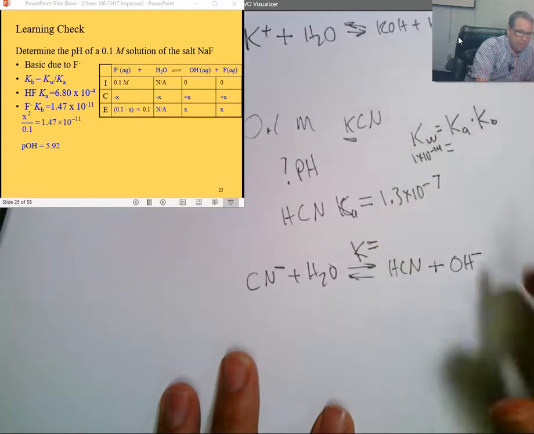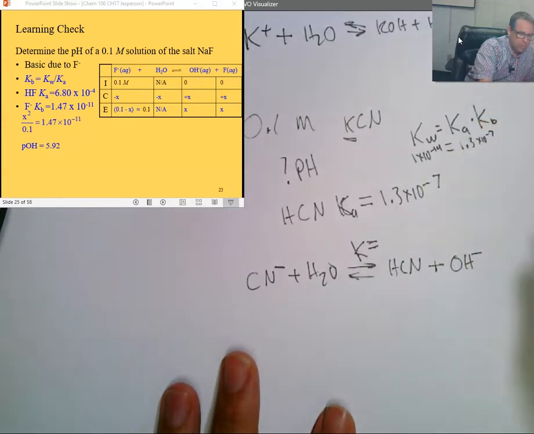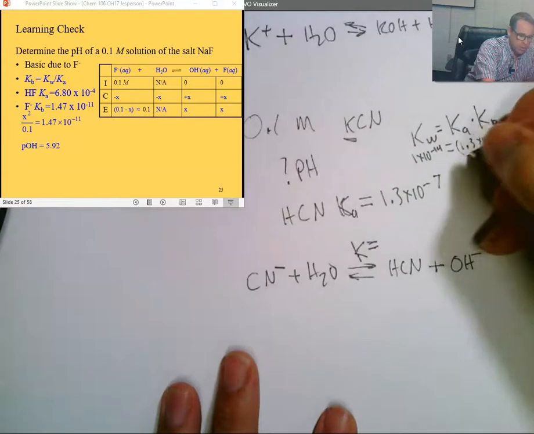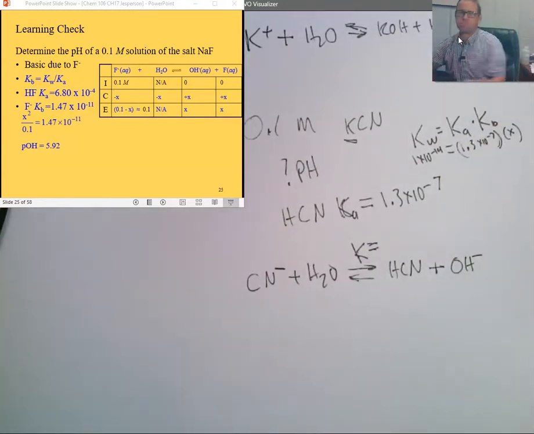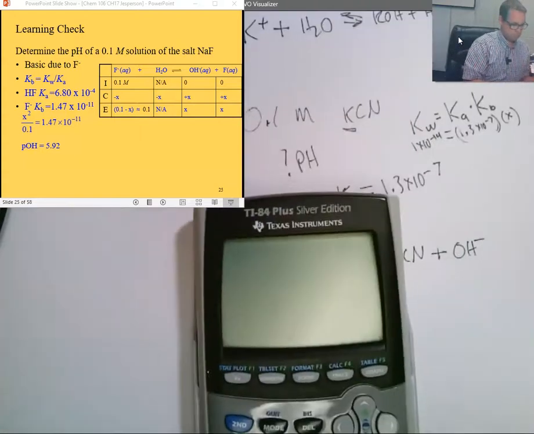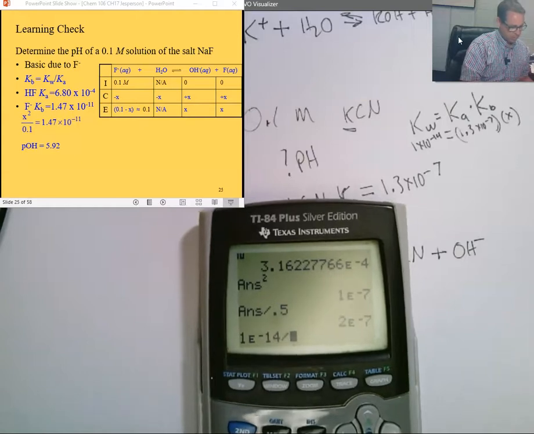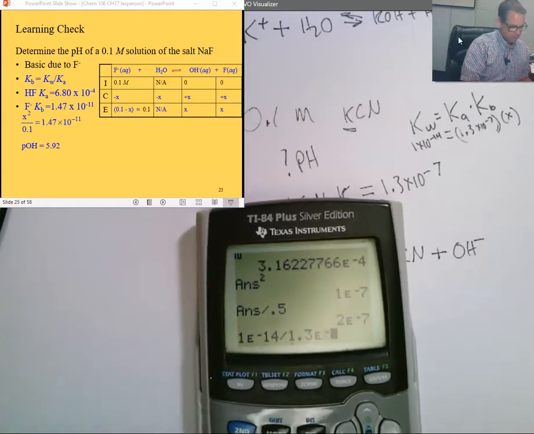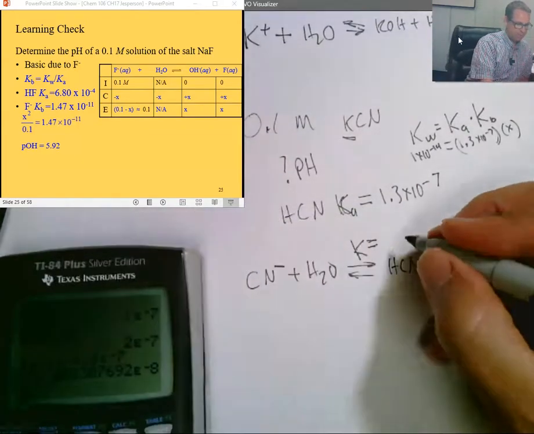Good. And the Ka is our 1.3 times 10 to the minus 7. So therefore, our Kb is 1 times 10 to the minus 14 divided by 1.3 times 10 to the minus 7, which is 7.69 times 10 to the minus 8.